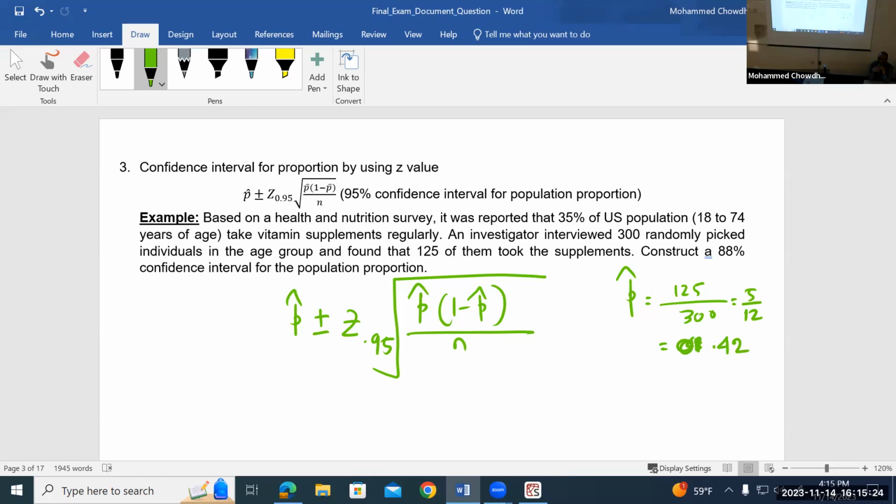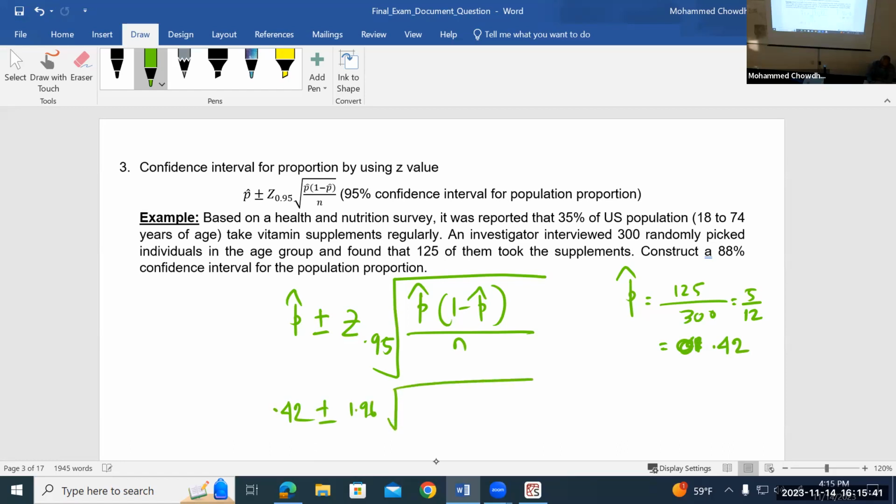You are understanding, right? So now I want to plug in the value 0.42. This is the value that I know, 1.96.